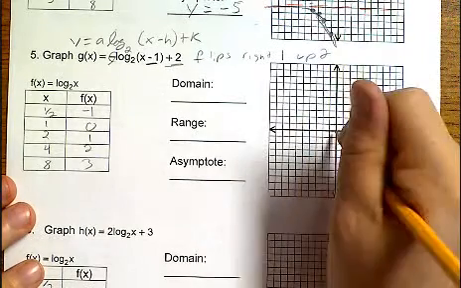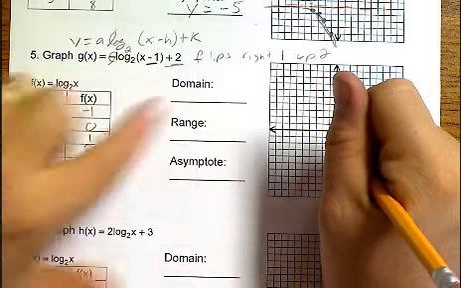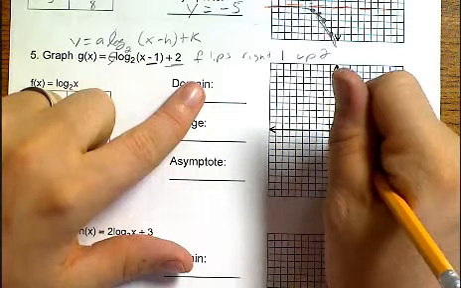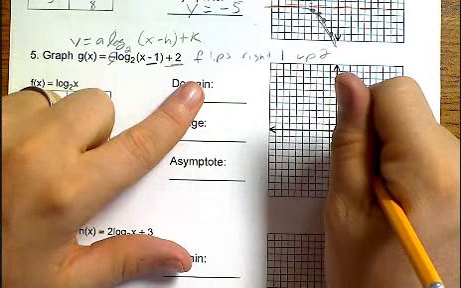We start at 1 half, negative 1, and then we flip to positive 1, move right by 1, and up by 2.